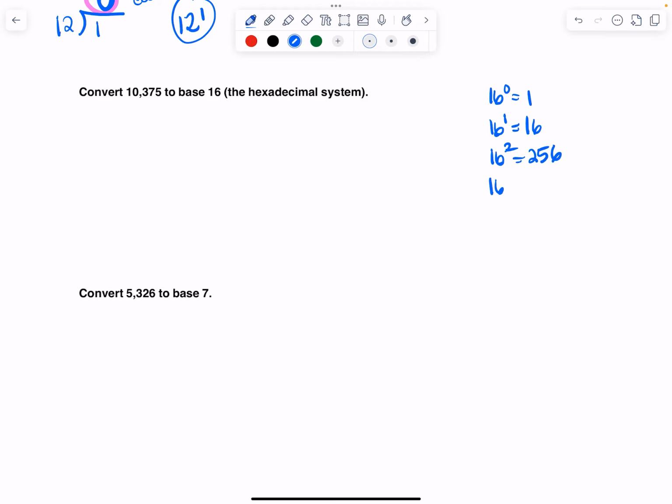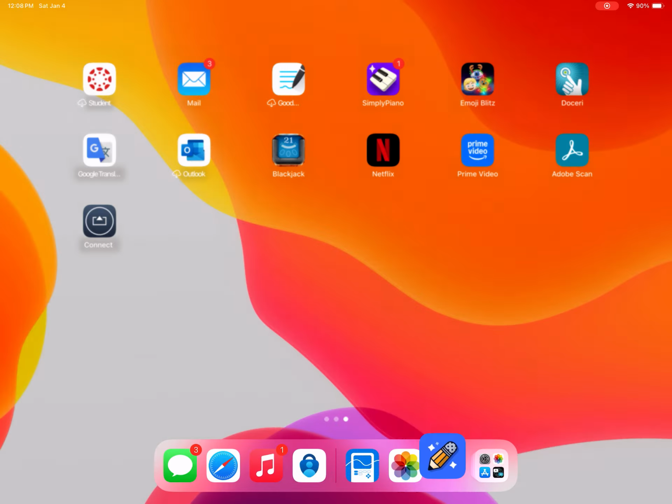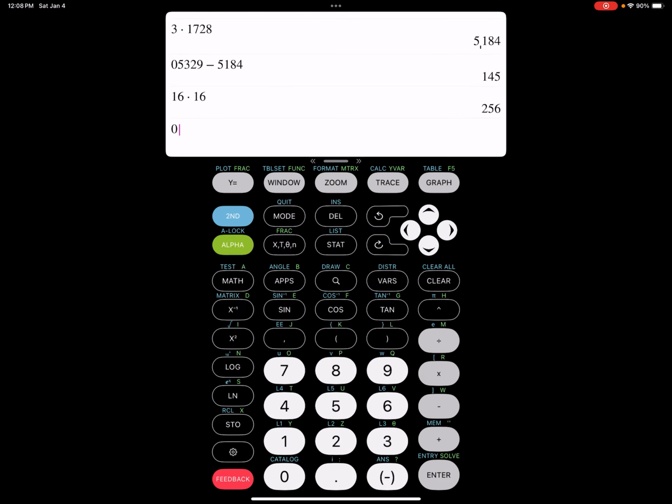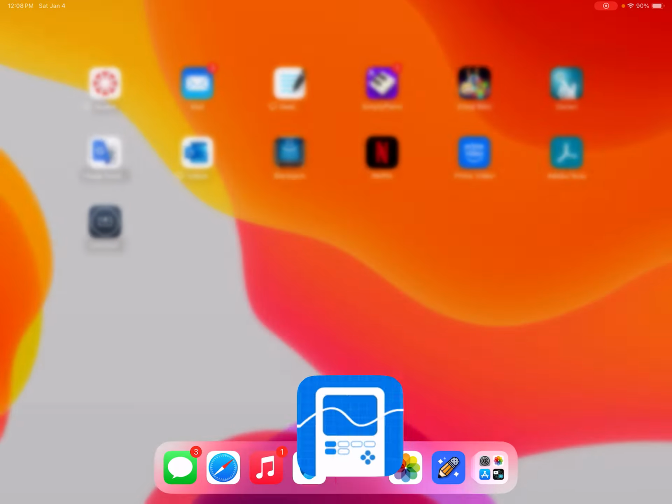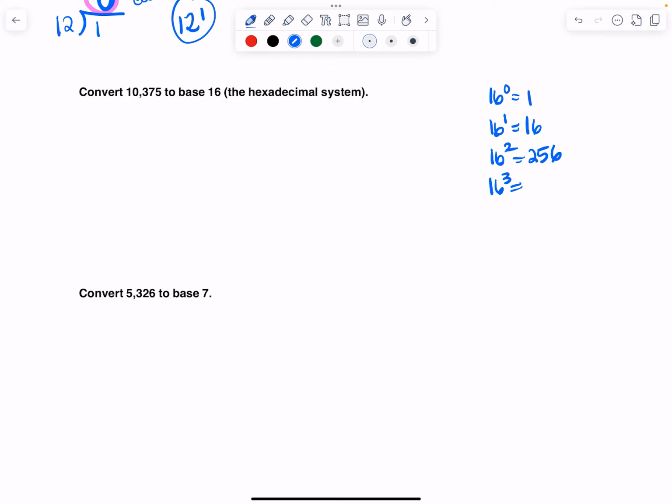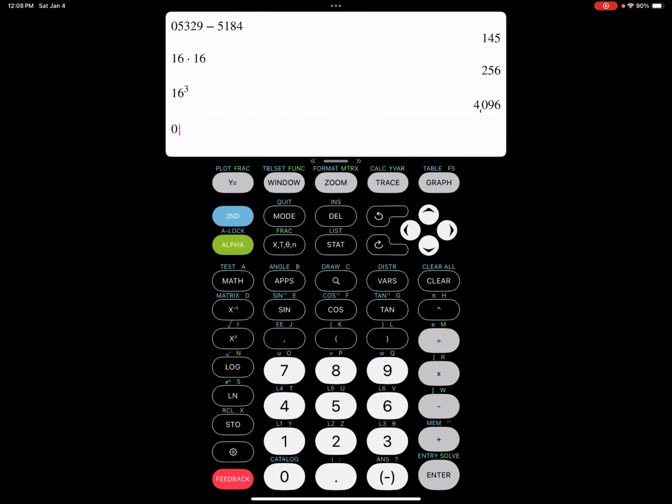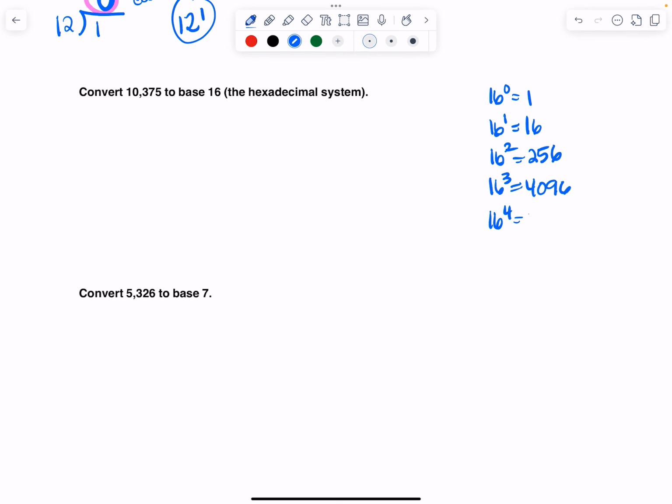16 to the third. Let's see what that looks like. That's 4096. And then 16 to the fourth, which is probably going to be too big, but let's check it anyways. 65,536.